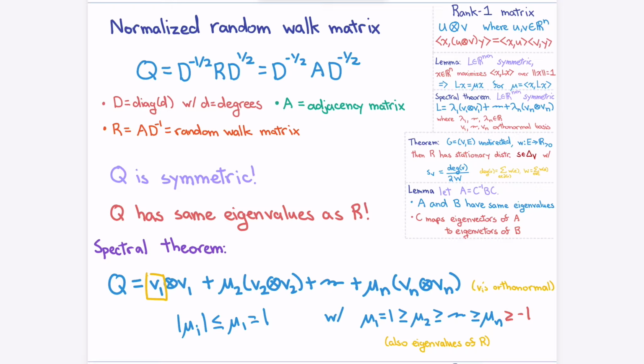In particular, we know something about the first eigenvector of R. The first eigenvector of R was supposed to be, yeah, when I point at you, the stationary distribution.